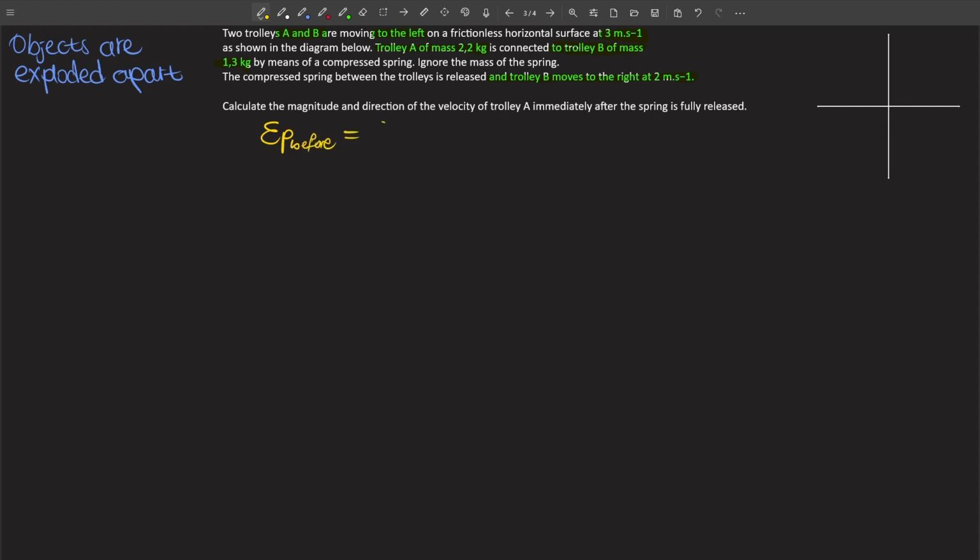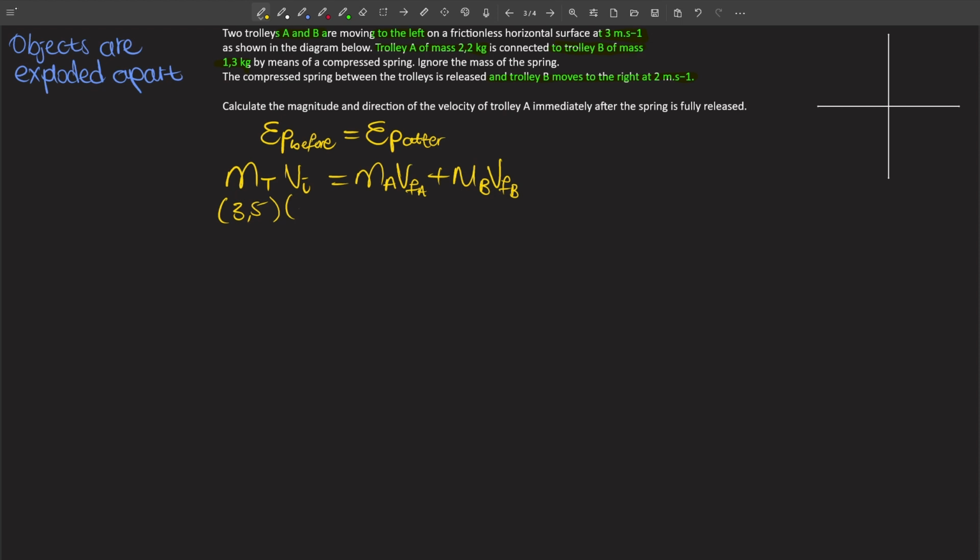Before explosion equals after explosion, of which we'll have the total mass of the trolley system, and its initial velocity is now equivalent to mass of trolley A by the final velocity of A plus mass of B by the final velocity of B. The total mass of the trolley system is 3.5 kilograms.